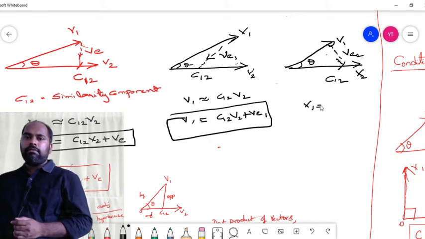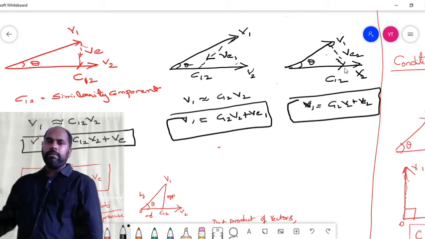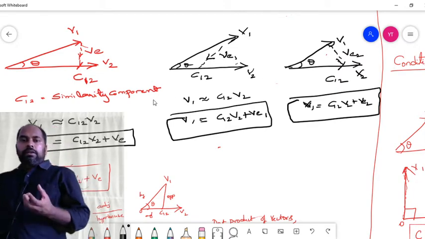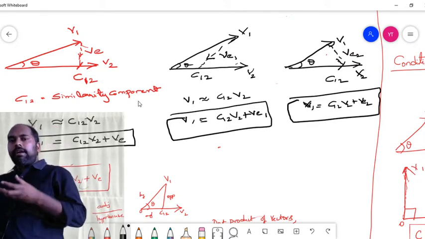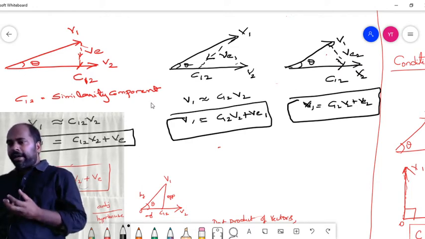Again, V1 is equal to C12 V2 plus VE2. This is another way of representation. So if you observe, in n different ways we can find the similarity between two vectors.